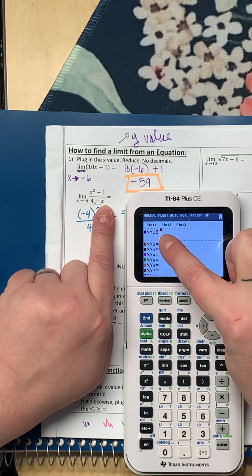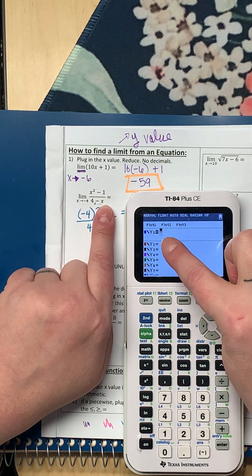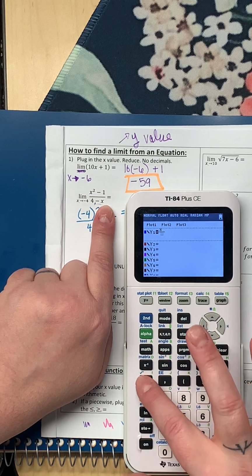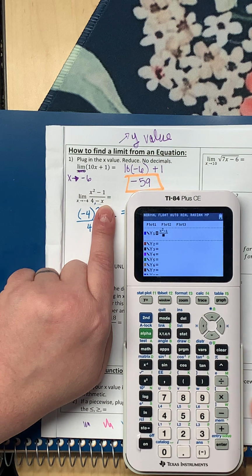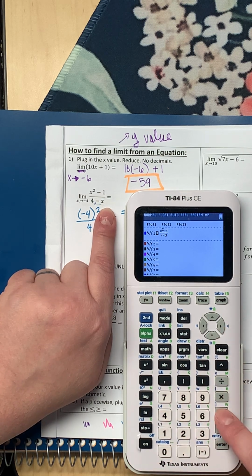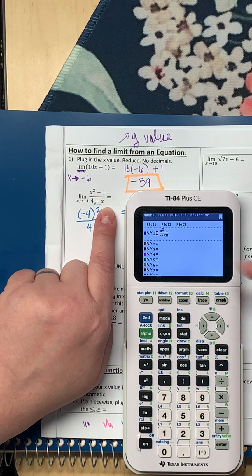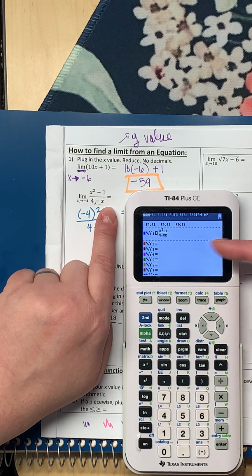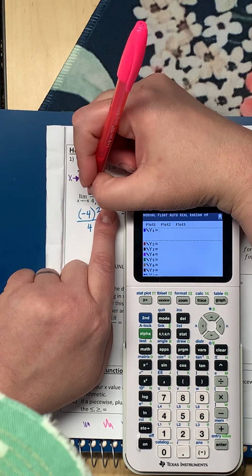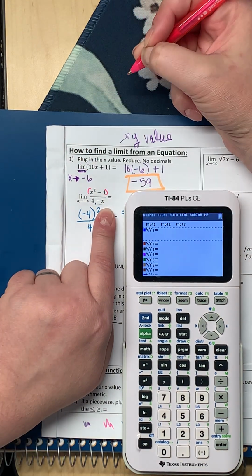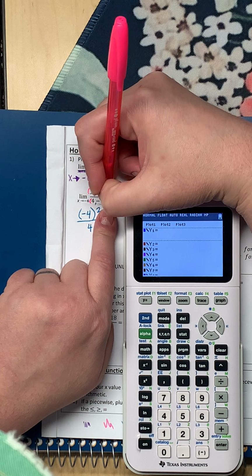And it makes us a fraction. So we can just type in x squared minus 1, and then move down and press 4 minus x. But if you don't have a new calculator like me, you can just use a ton of parentheses, as in put parentheses around this top, then press the divide sign and put parentheses on the bottom.